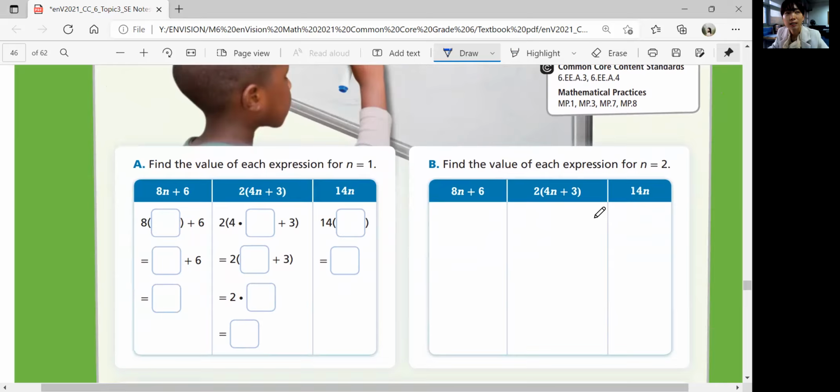Okay, let's plug in 1 for n. If n is equal to 1, would we get the same answers for all three expressions?